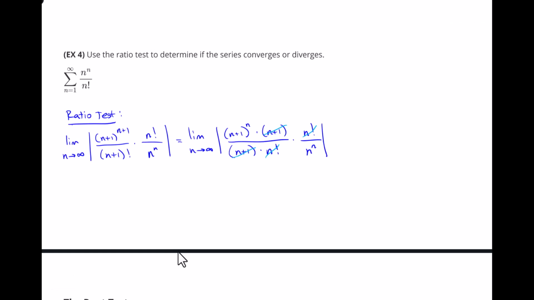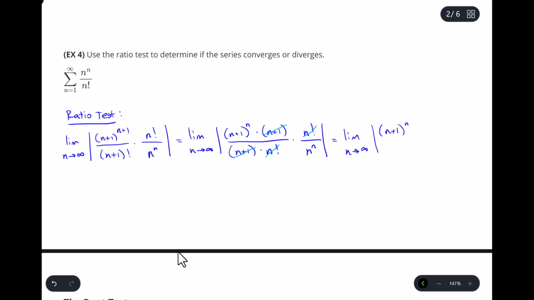So this leaves me with the limit as n goes to infinity of n plus 1 to the nth power over n to the nth power.